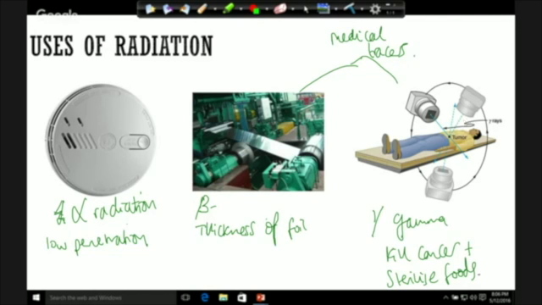Here you've got the gamma rays being fired directly at a tumour. You want it to land right on the tumour, otherwise you can damage the other cells around it. The medical tracers then, just to give you an idea of the kind of thing that they might be used for. The example that they sometimes use in exams is iodine 131.